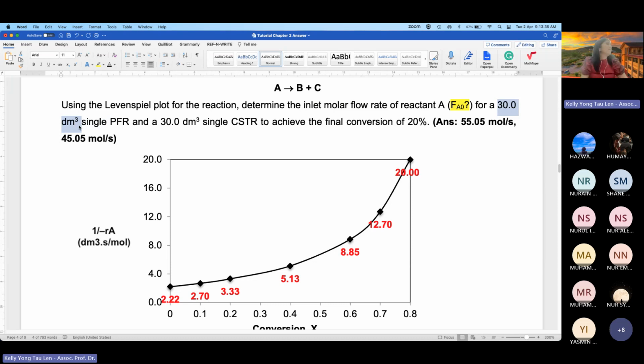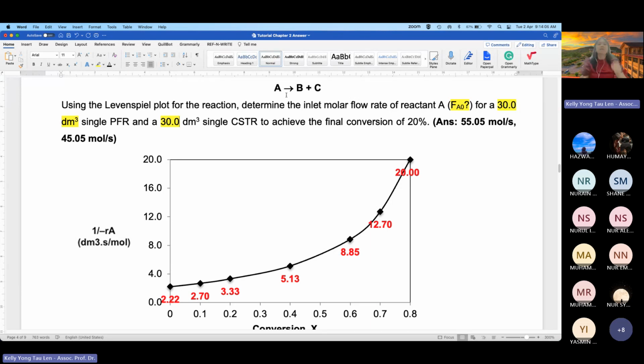I'm sure you know dm cubed is definitely volume, a dimension of volume. So they are giving you the volume of that one PFR, which is 30 dm cubed, as well as another reactor, a single CSTR, whose volume is also 30 dm cubed. So you can imagine now that you have two reactors, a single CSTR and a single PFR, both of equal volume.